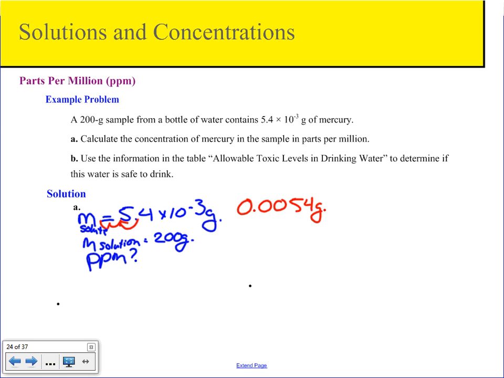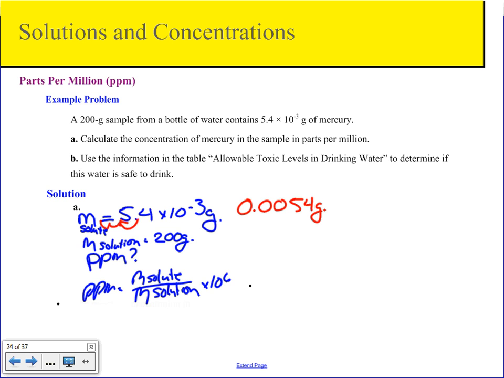So here I'm going to take my formula. Okay, my formula is parts per million is equal to the mass of my solute divided by the mass of my solution times 10 to the 6.